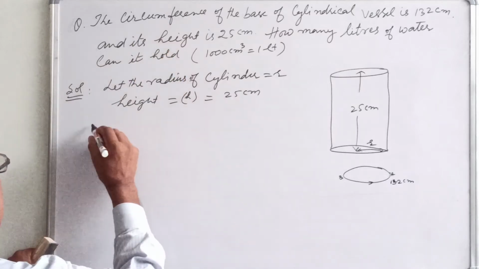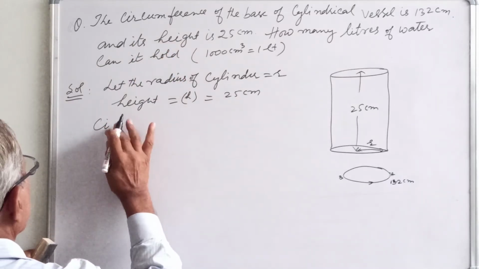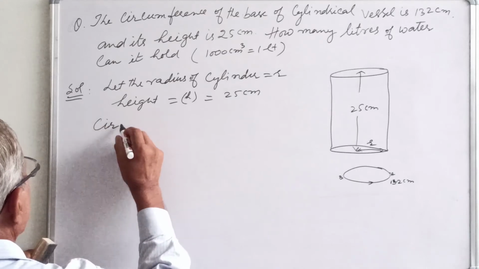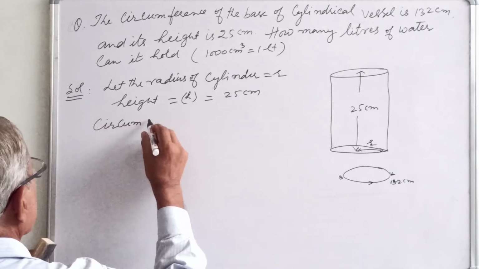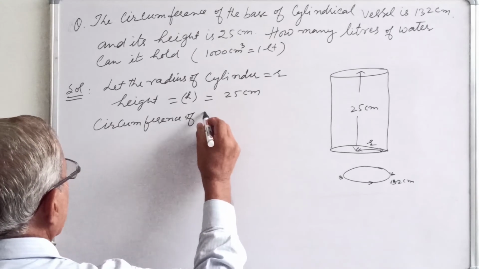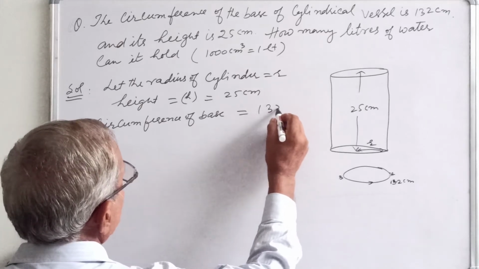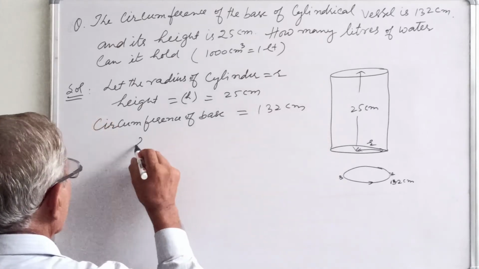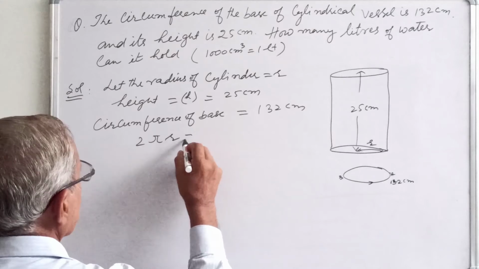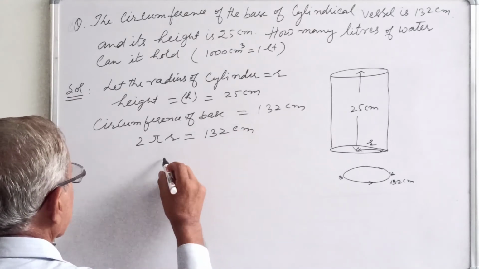The circumference of the base is 132 centimeter. 2 pi r is equal to 132 centimeter.